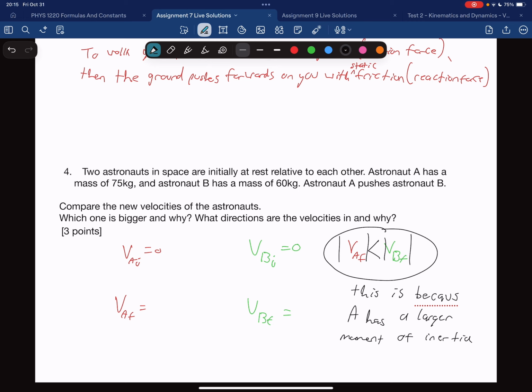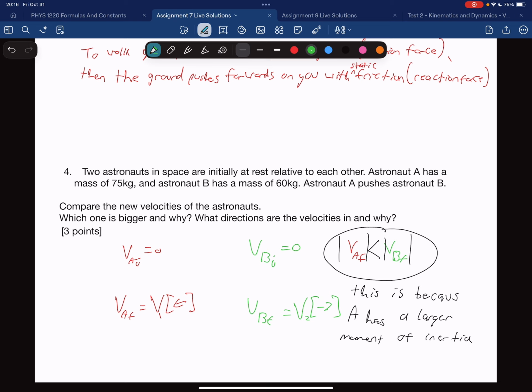Now, getting back to what I was first writing over here, the two equations I didn't finish, VAF is going to equal some speed in the, let's say, left direction. VBF is going to equal some other speed. Let's call that velocity 2. I'll call the other one velocity 1. In the right direction. Let's say that A gets pushed to the left, B gets pushed to the right.